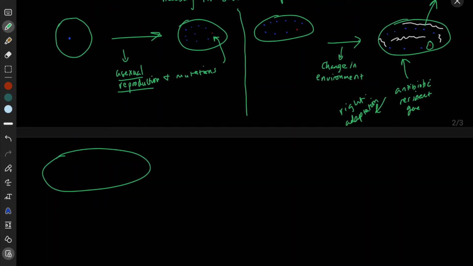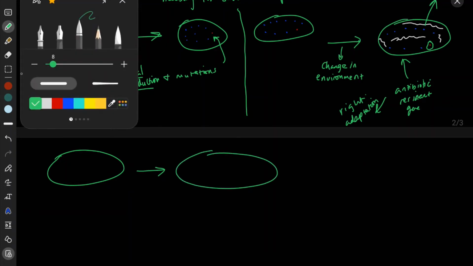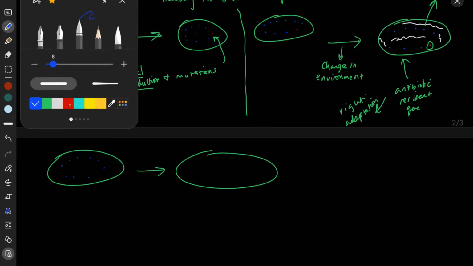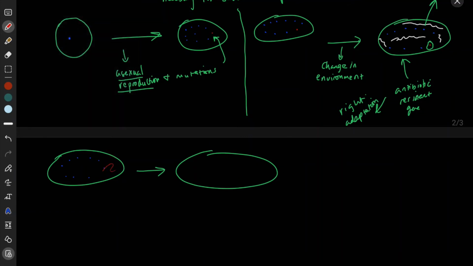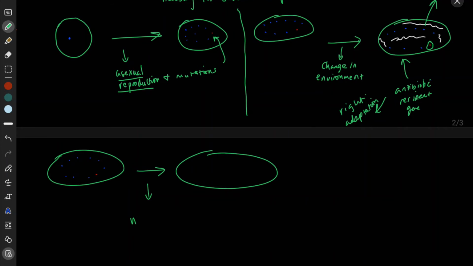So now what's going to happen is, say 1, 2, 3, 4, 5, 6, 7, 8, 9, and we have 10, right? And now over here, what's happening in this arrow here? Well, here we have natural selection.